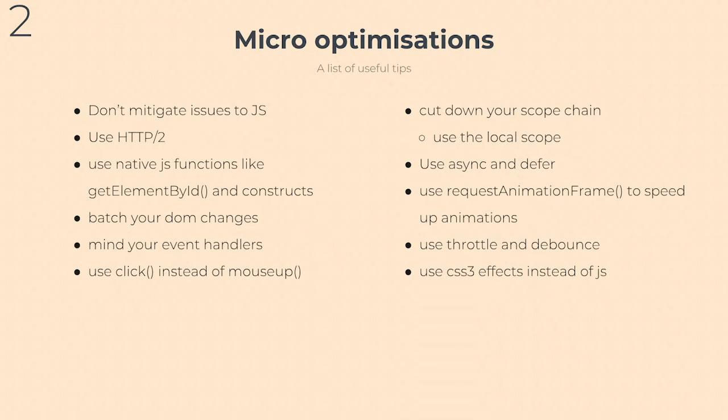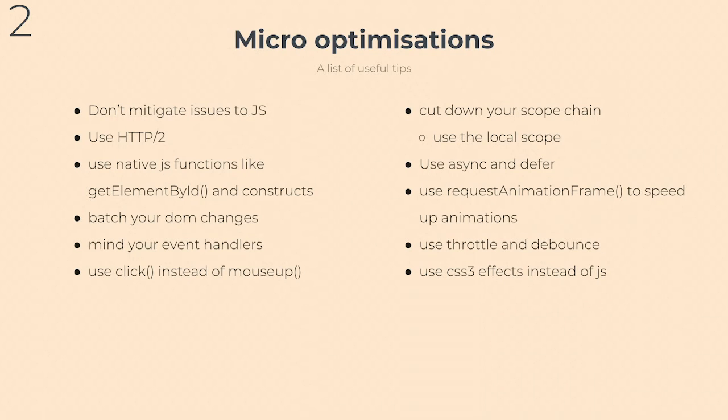For example, when you're scrolling, it's really recommended to use debounce functions. The click function is also better to use than doing more complex things like mouse up and mouse down. But these are really micro-optimizations that we can think about when coding.